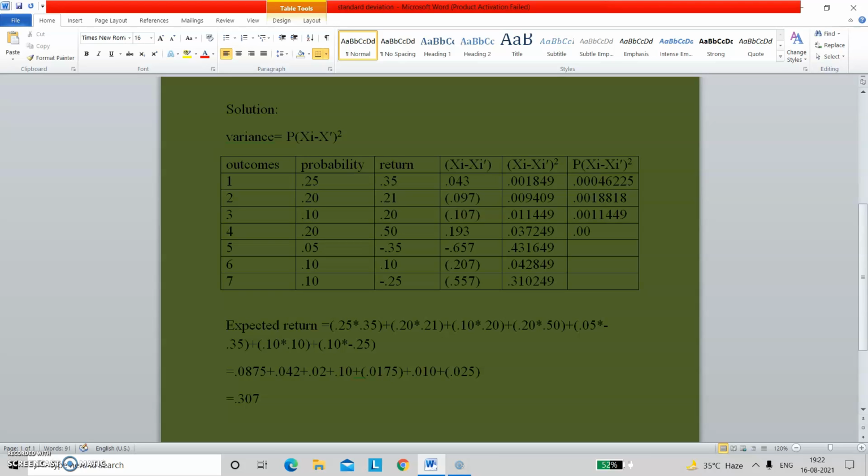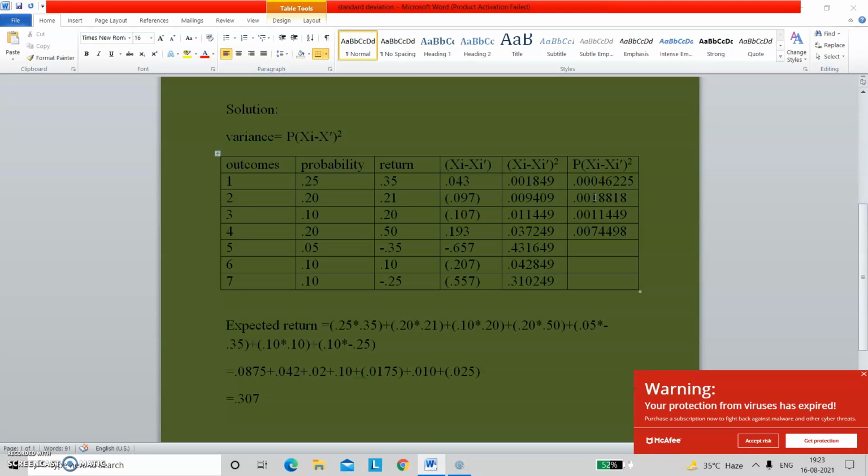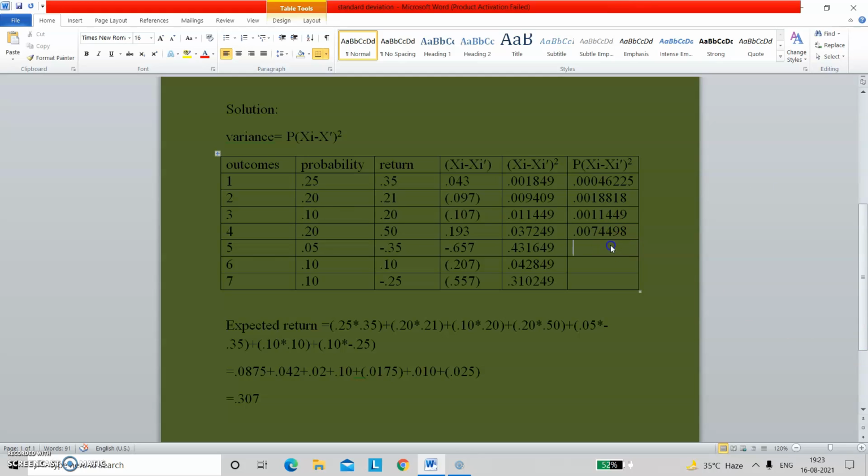This is going to be 0.0074498. Then the fifth outcome is 0.431649 into 0.05. This is 0.0215824. Then 0.042849 into 0.10.